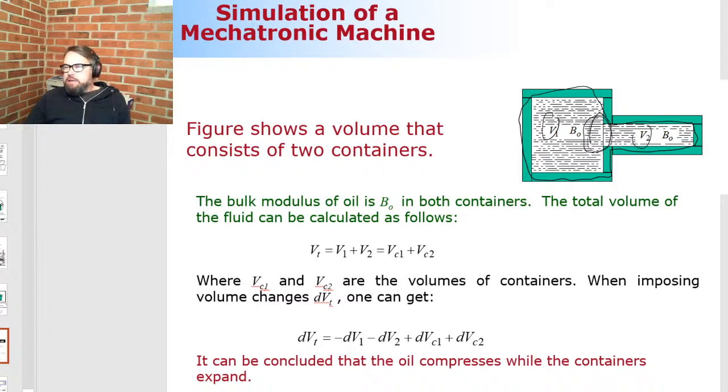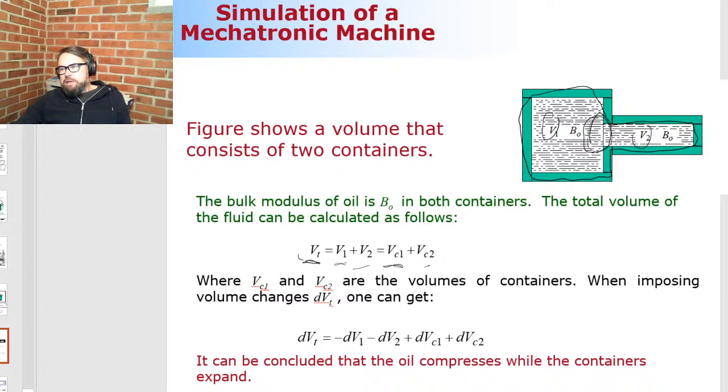Okay, so let's look at this situation. Now the total volume can be computed as the total volume of fluid in container 1 plus the total volume of fluid in container 2, which is exactly the same as the container sizes. All right. Now we're going to introduce a mathematical difference right here.